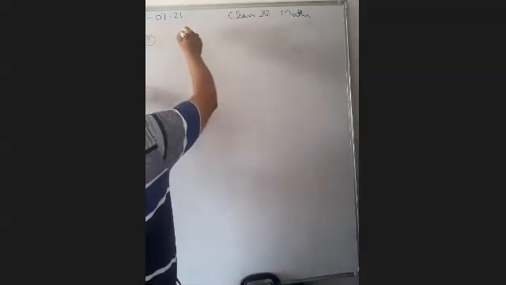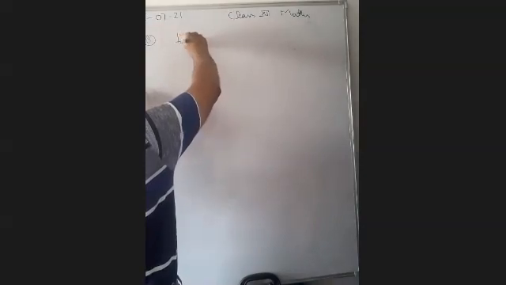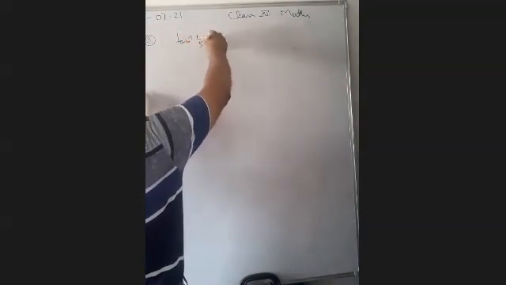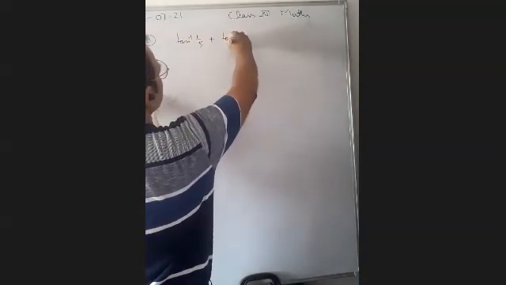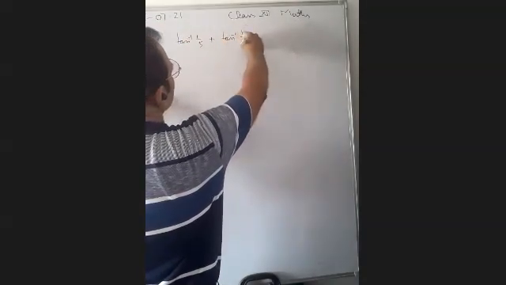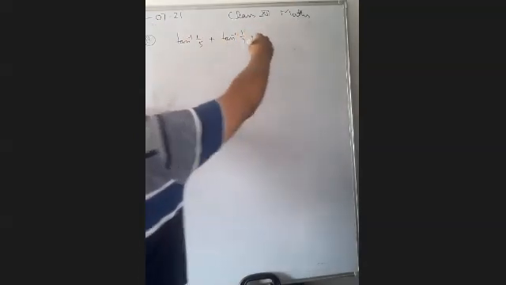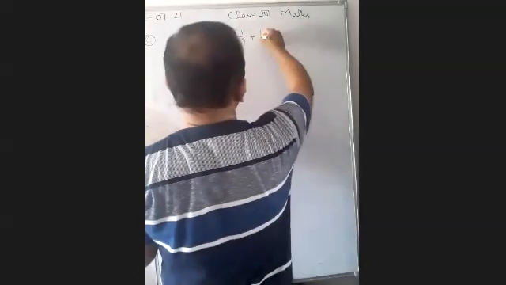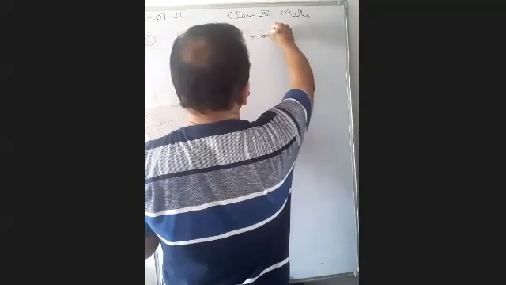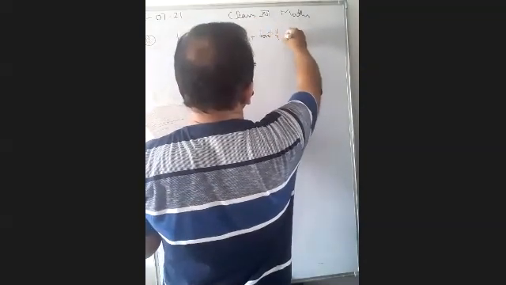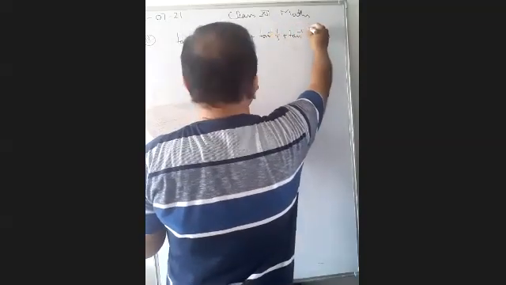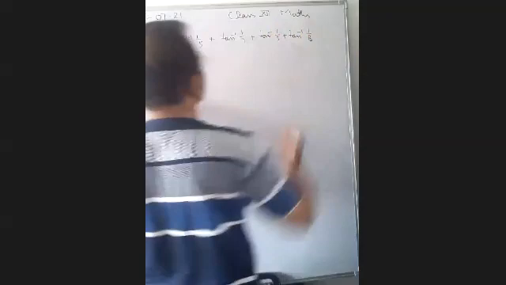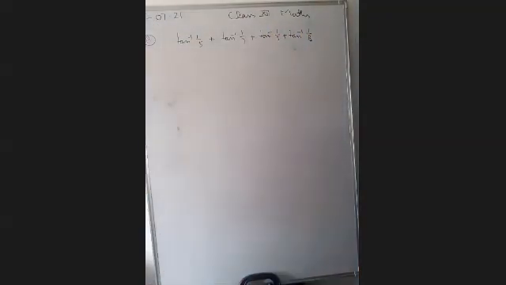In question number 8, this is given: tan inverse 1/5 plus tan inverse 1/7 plus tan inverse 1/3 plus tan inverse 1/8. There are so many terms. So you can use the 4 terms 2 by 2.